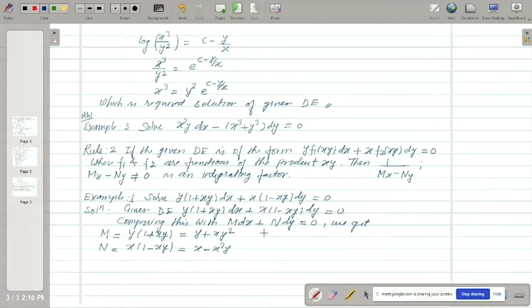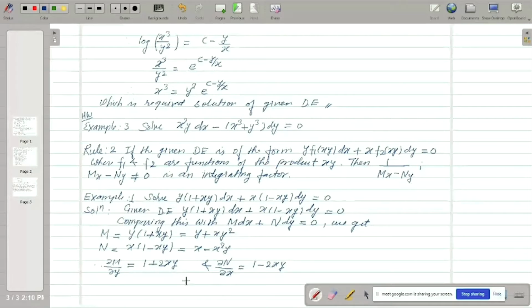So dou M by dou y, differentiating with respect to y, so x will be constant, we get 1 + 2xy. And differentiating N partially with respect to x, dou N by dou x equals 1 - 2xy.